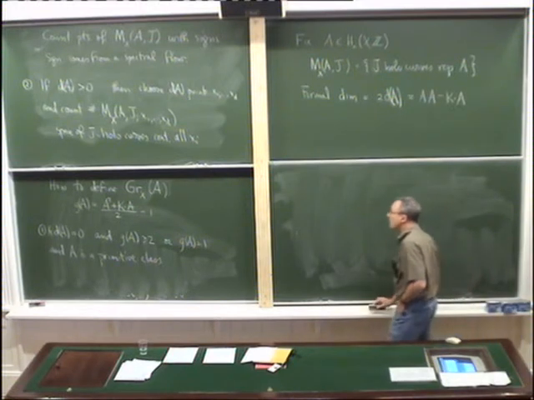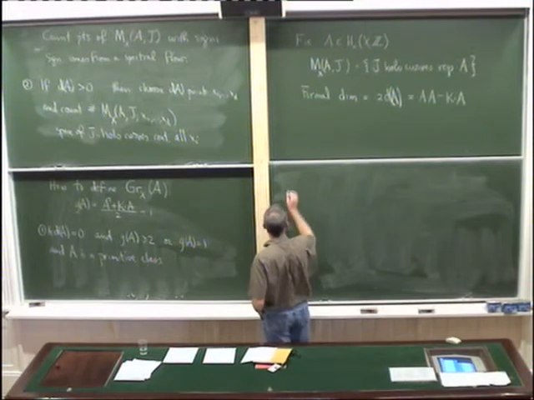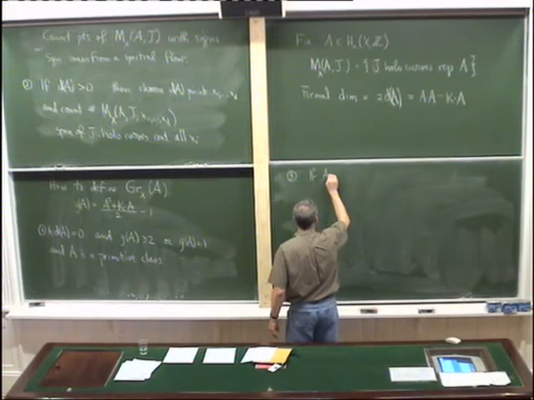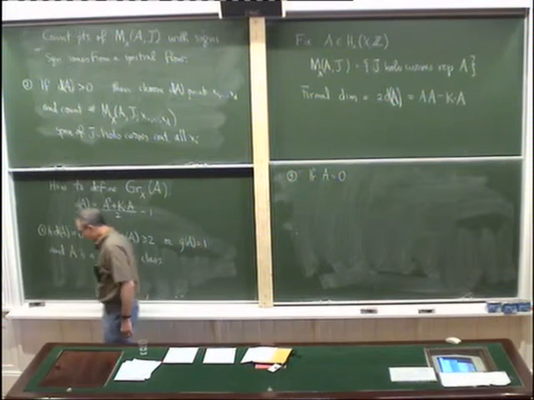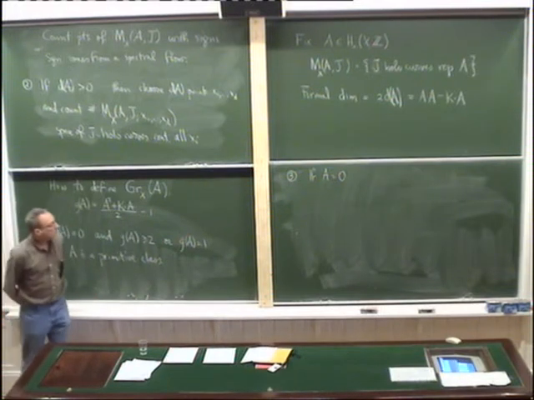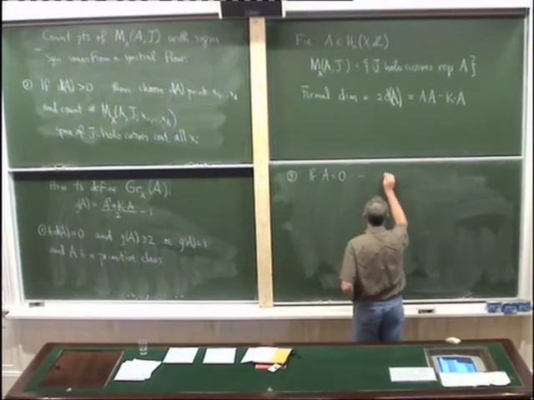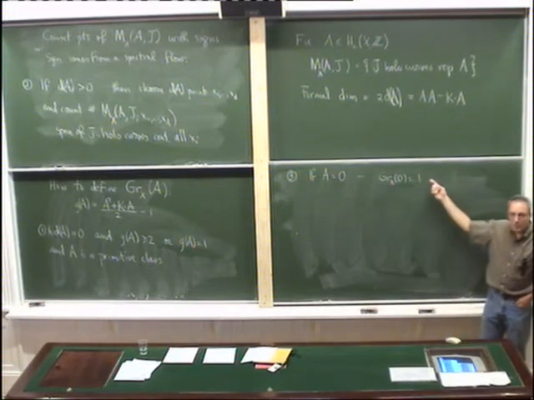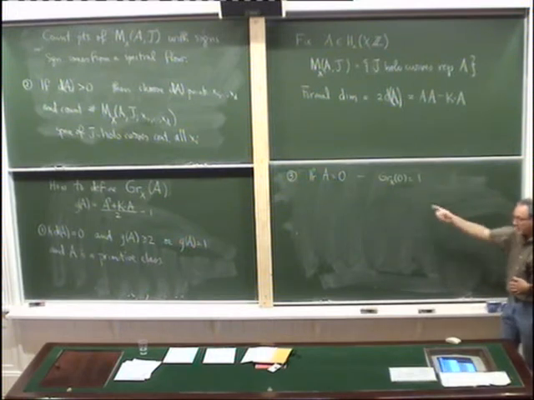Okay, there are several cases I haven't talked about. So what about 0? If A equals 0, then by convention you define the Gromov invariant of 0 to be 1. And this sounds completely silly, except that later on we're going to see it's important.